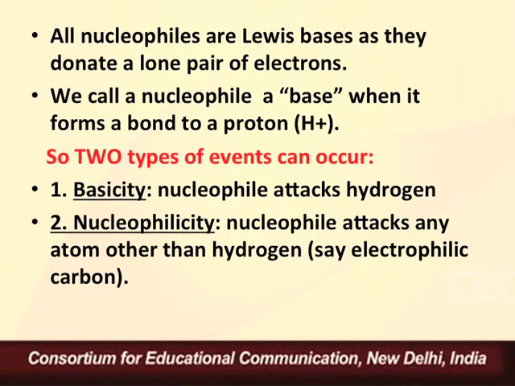Basicity is when a nucleophile attacks a hydrogen atom. Whereas, by nucleophilicity we mean that the nucleophile is attacking any atom other than hydrogen, say an electrophilic carbon atom. Now let us discuss this concept in detail.